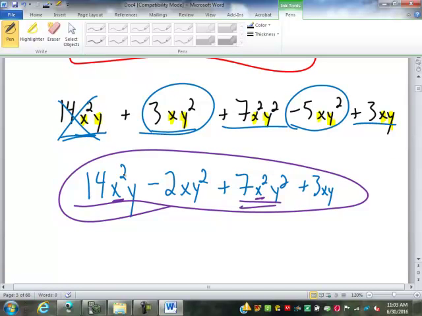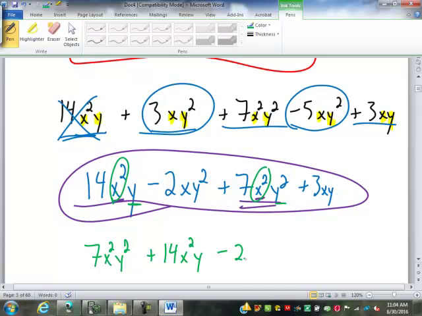So, when you're looking at descending order, it'd be 14, obviously. And then the 7, do you look at the powers first or the actual numbers? You look at the powers first. Okay. So this is x squared, and this is also x squared, but this is just y, and this one's y squared, so technically that 7x squared y squared should go first, before the 14. Just because they're both x squareds, and this one has the y squared.